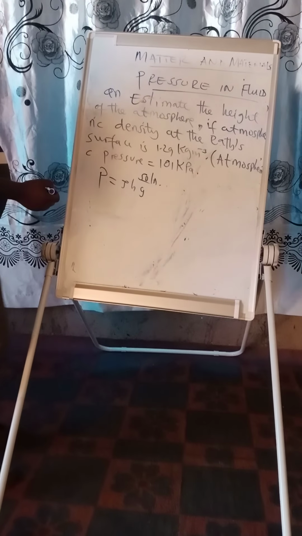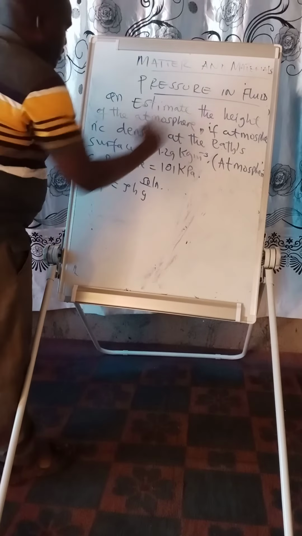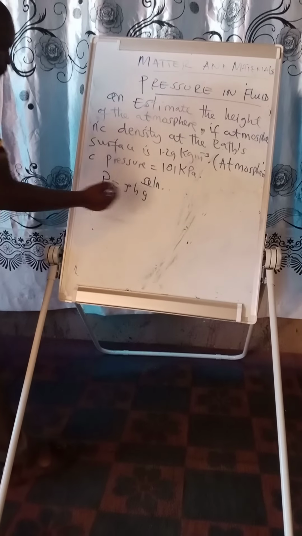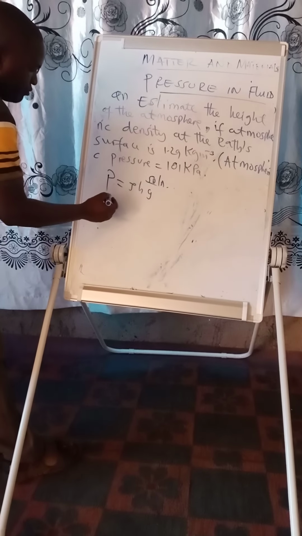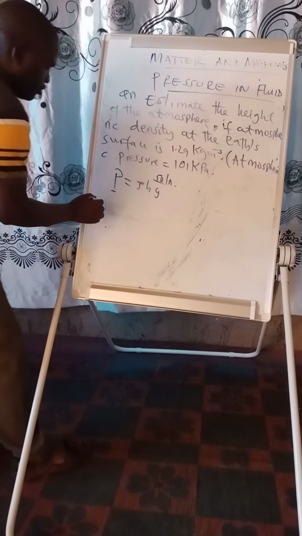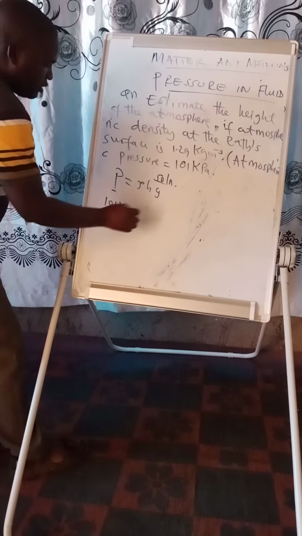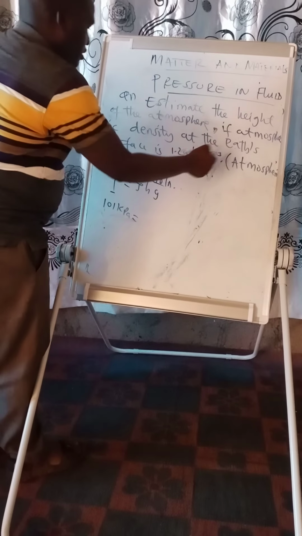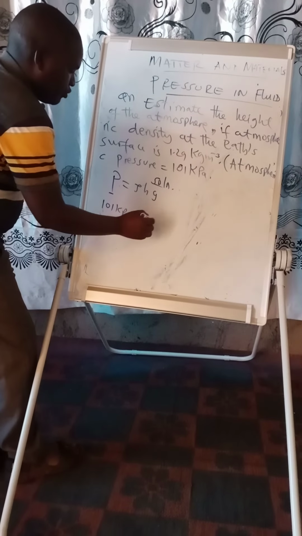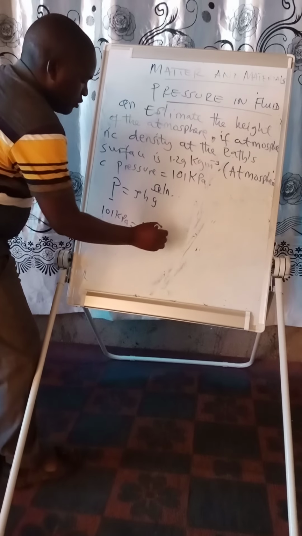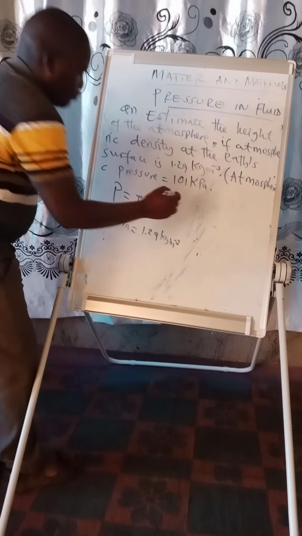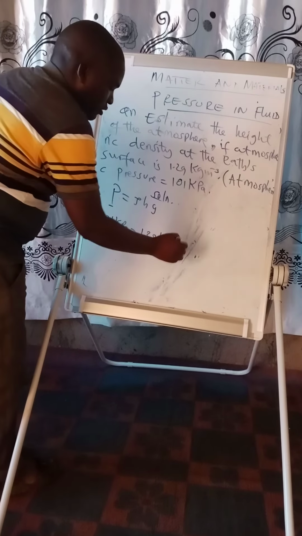What we are required to do here is estimate the height of the atmosphere. Pressure is given, which is 101 kilopascal, and the density is given, 1.29 kilogram per meter cube, and the height is not given.